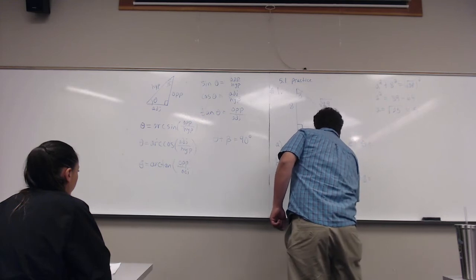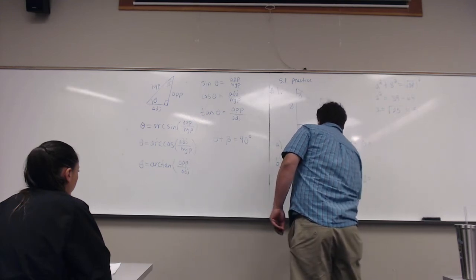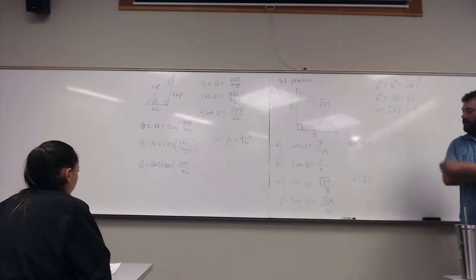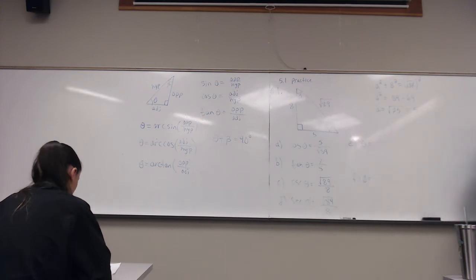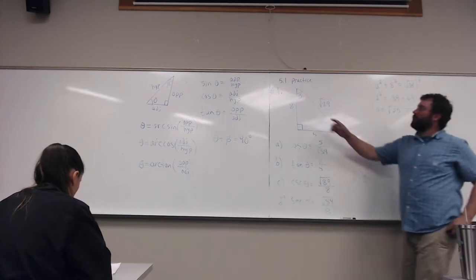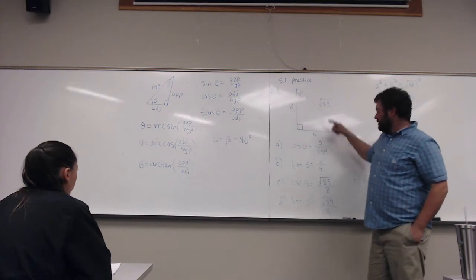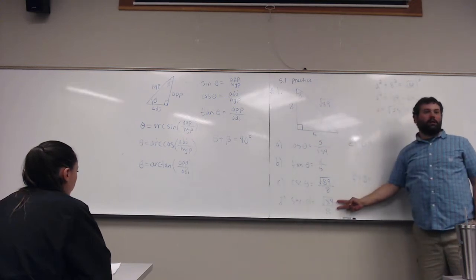So actually, notice that cosecant theta and secant phi are the same. They're opposite angles in different corners. Again, cosine phi is 8 over root 89, so secant phi is the reciprocal again.